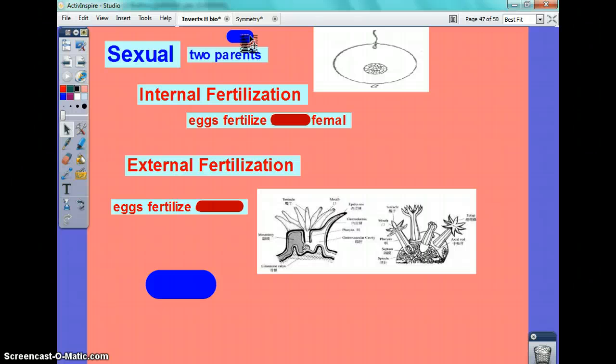If it's internal, the mother carries the baby, and the egg becomes fertilized inside of the female. If it's external, the mother lays an egg, and it gets fertilized outside of the mother.